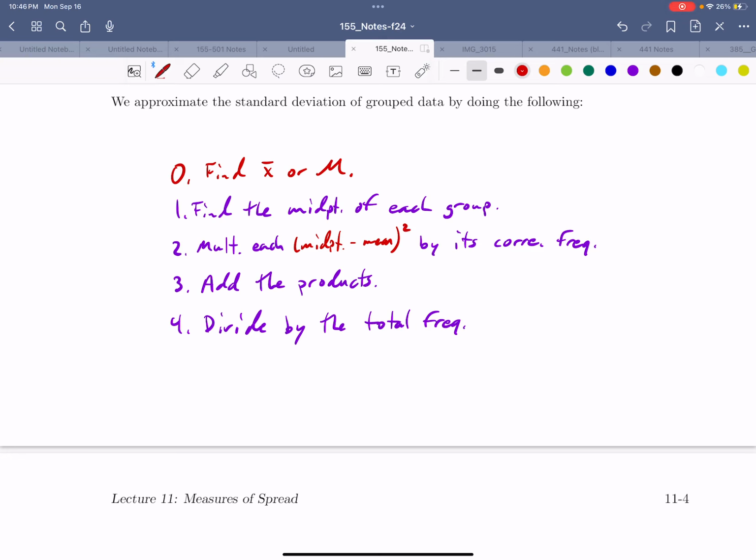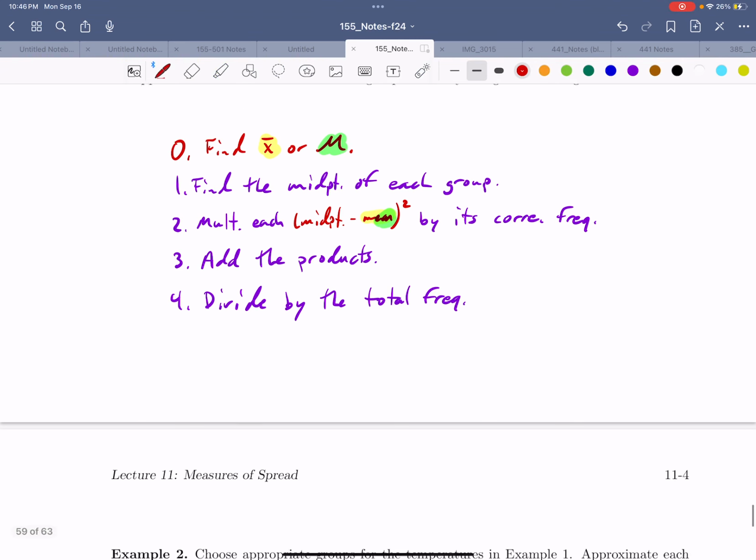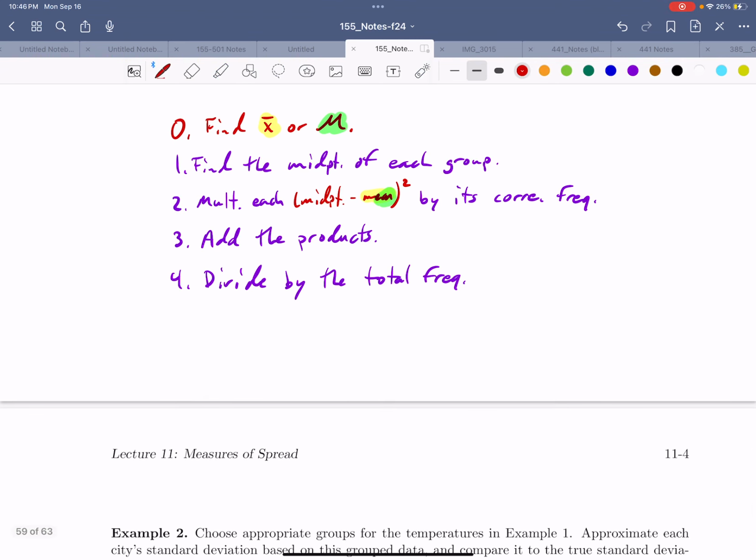All right, whether that mean is population or sample. Right, just to be clear, it could be either. Add the products, that's the same. Divide by, and instead of the total frequency, we're going to be dividing by, I guess I should say, n minus 1 or n, depending on whether we're talking about a population.